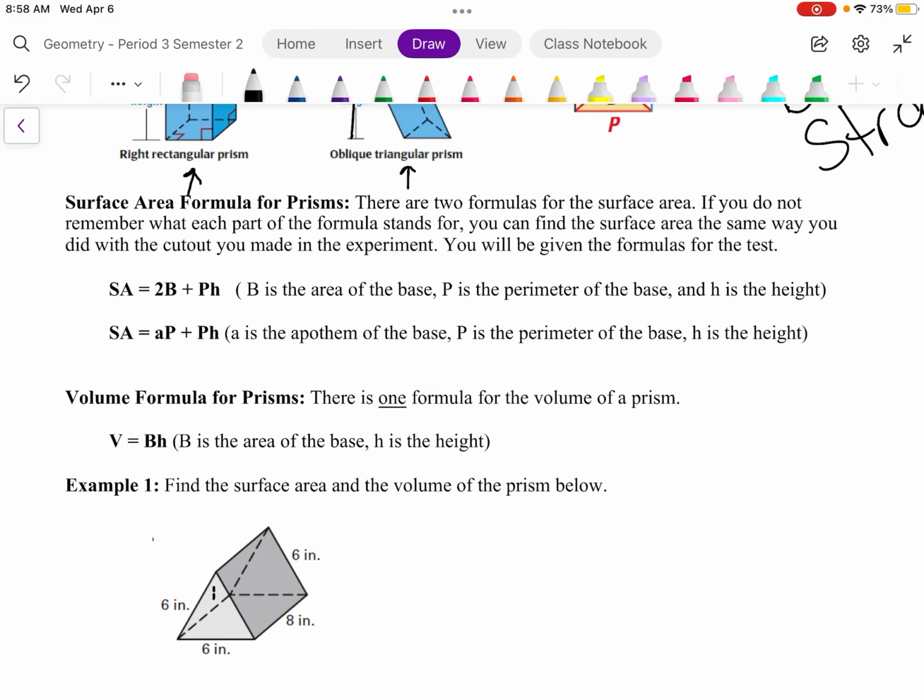So for surface area, there are two different formulas, and the one that we are going to be using is this first one. So we're not even going to worry about the second one, but our surface area is going to be 2B plus Ph, and this stands for 2 times the area of the base plus the perimeter of the base times the height, and this is talking about the height of the prism, which is the distance between the two bases.